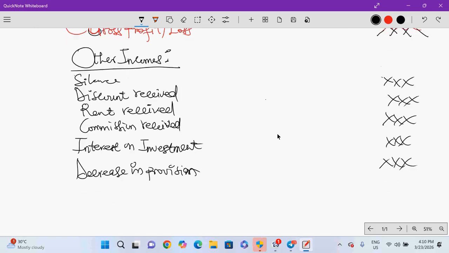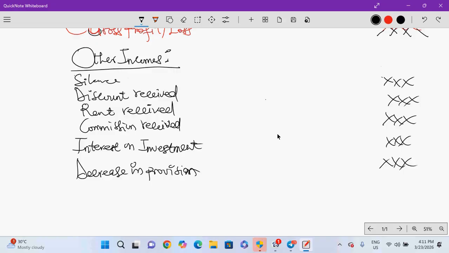So what is provision? Provision is setting money aside to cater for any possible loss that may arise, right? A doubtful debt is a debt that may not be collected. Some customers have not paid you, and it is likely that they may not pay.